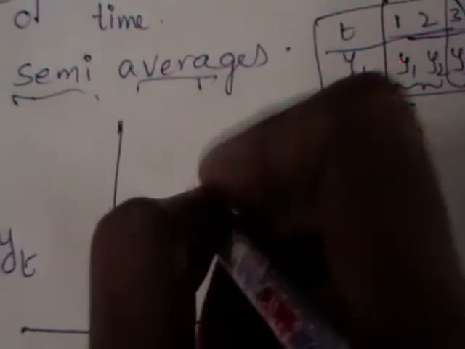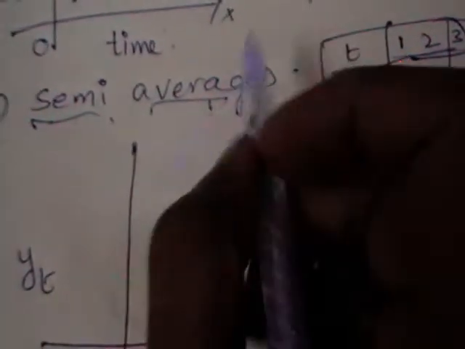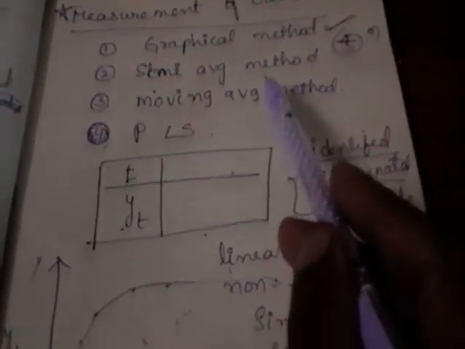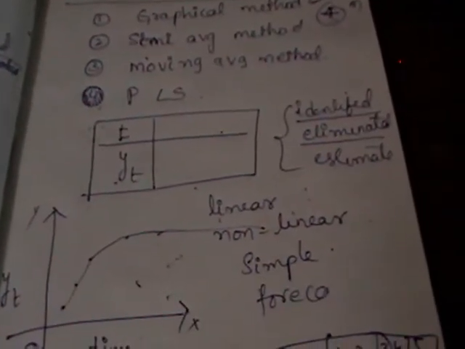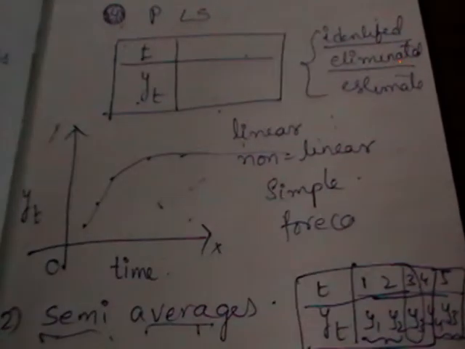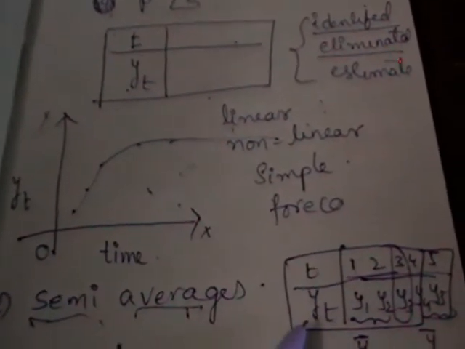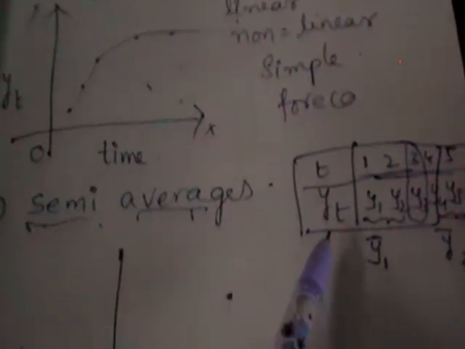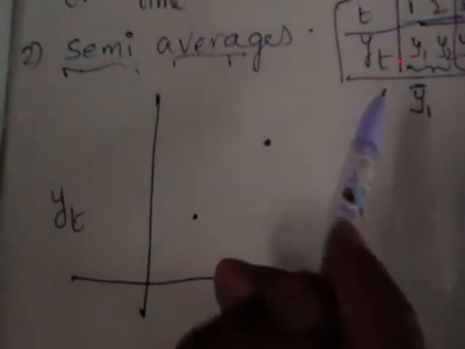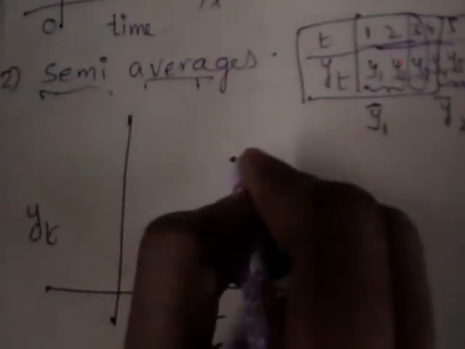Under semi-averages, these two are not much different. Under the graphical method we are directly plotting the data. Under semi-averages we are first finding the averages for the 2 equal parts. If it is even, you will get exactly 2 parts. If the number of observations is odd, you should omit the middle one, then calculate the averages for the 2 equal halves, and then represent them on the graph.